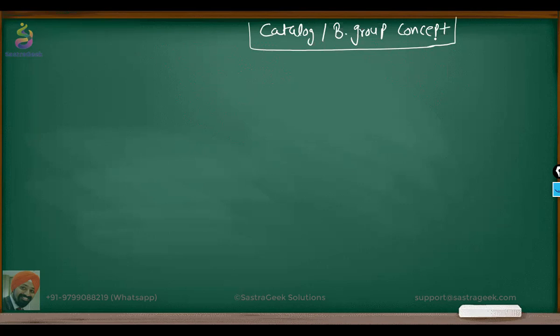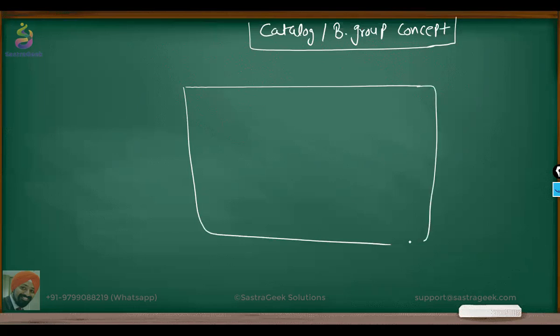Now, what we have seen is that as soon as we log in, users see this screen, and on this screen these are the business groups. Apart from that, the user would have a role.